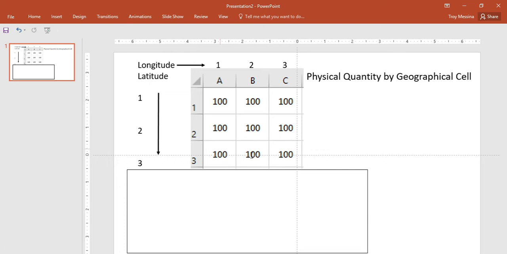So we could start with some physical quantity. I'm calling this group of cells some physical quantity, and the quantity is arranged by geography. We'll just say, to begin with, every cell on the surface of the planet has an equal quantity. It might be something like cloud cover or precipitation, CO2, anything related to climate. And the next thing we want to do is assume somehow those physical quantities can transfer from cell to cell.